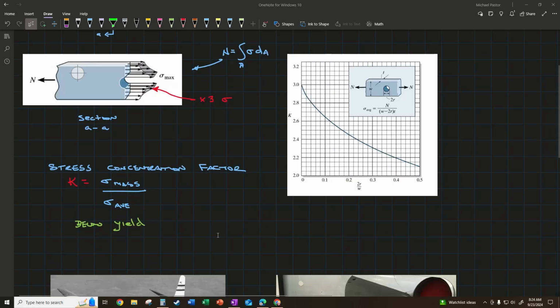So to work a problem with stress concentrations, you would calculate your average stress in the typical section of the material, and then multiply it by whatever you calculate your particular stress concentration is. If we have a hole that we're dealing with in our member, and it has a radius such that when I multiply it by 2 and divide it by the width of the member, I end up with a value of 0.2.